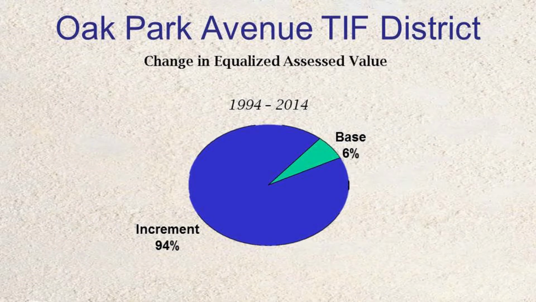Here, I think this kind of addresses Dean's question. The base EAV for this TIF district, in 2014 value, represents 6% of that value. 94% of that increment is from new growth that has occurred since the TIF was established.